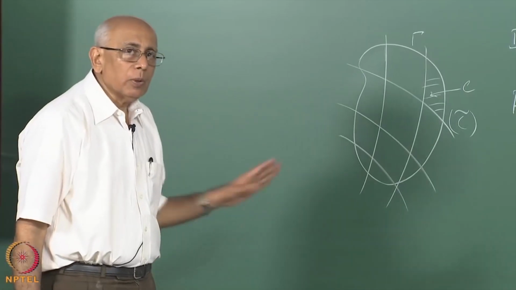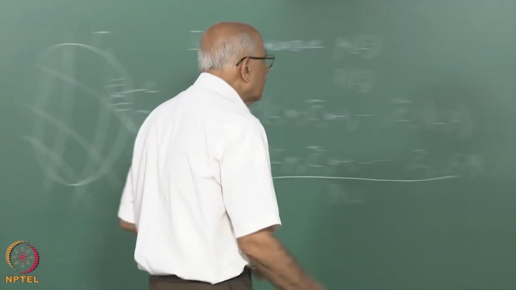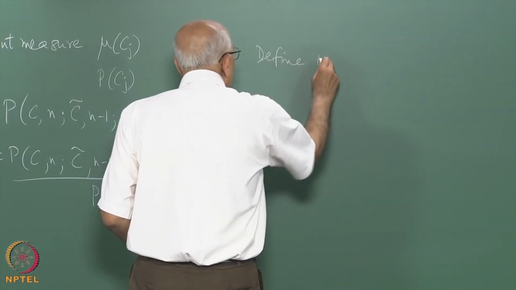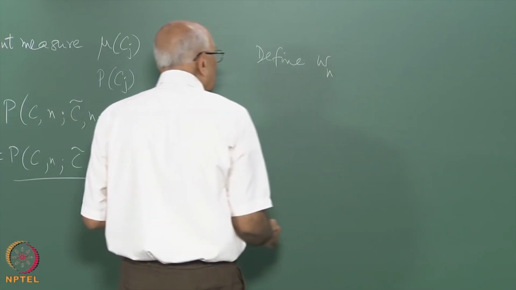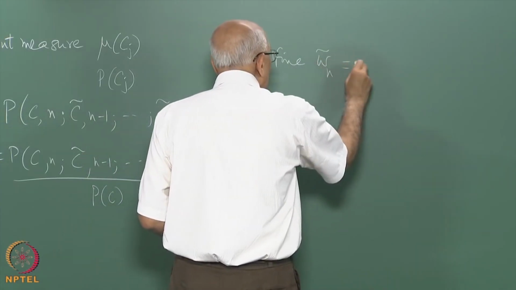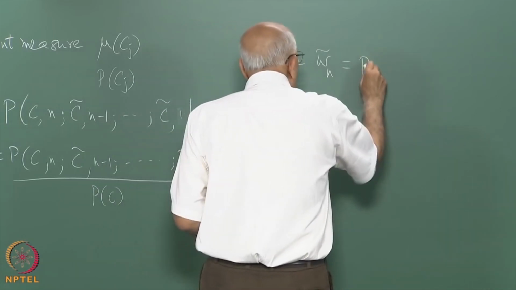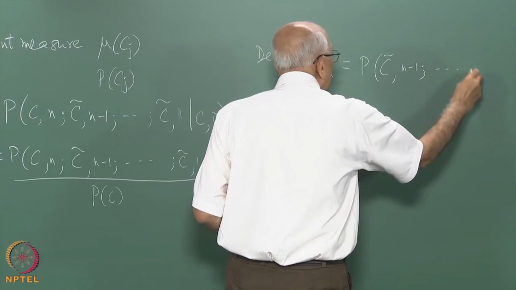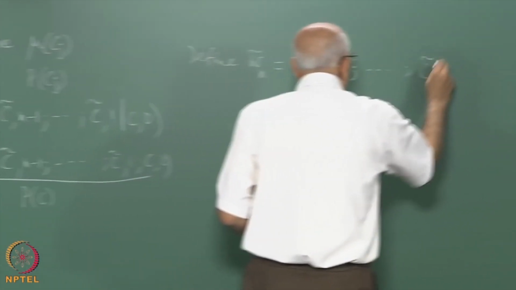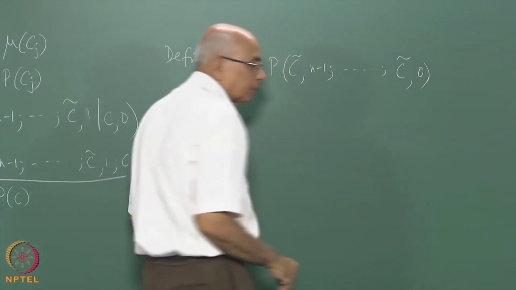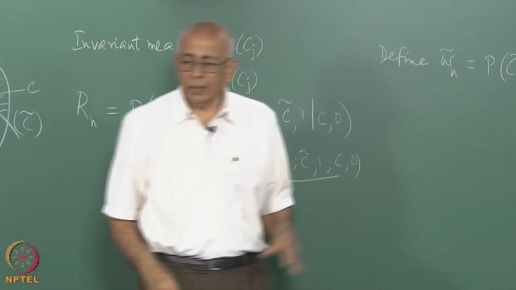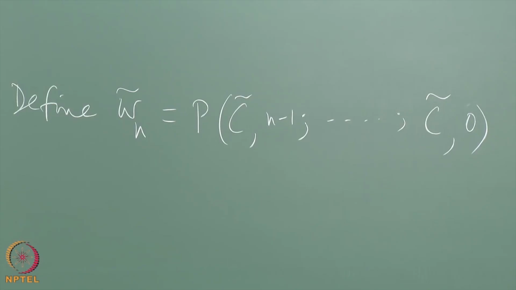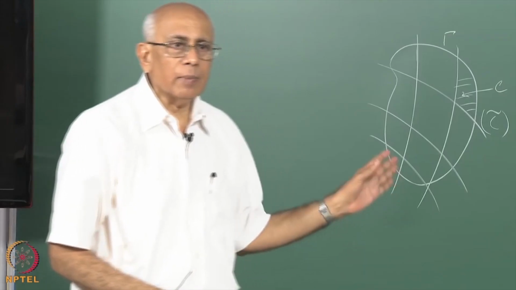The question is, to compute this, what we did was to say, let us first define a probability Wn tilde, to show that it belongs to the complement, which is the probability that you are in the complement at time n minus 1 all the way up to the complement at time 0. So let us just define this joint probability that you started in the complement at 0 and you remain in this complement of C till time n minus 1.